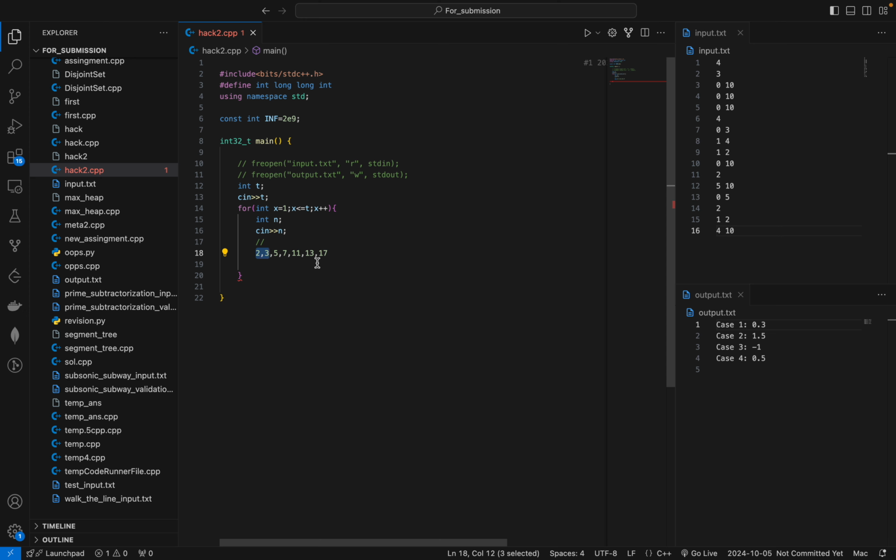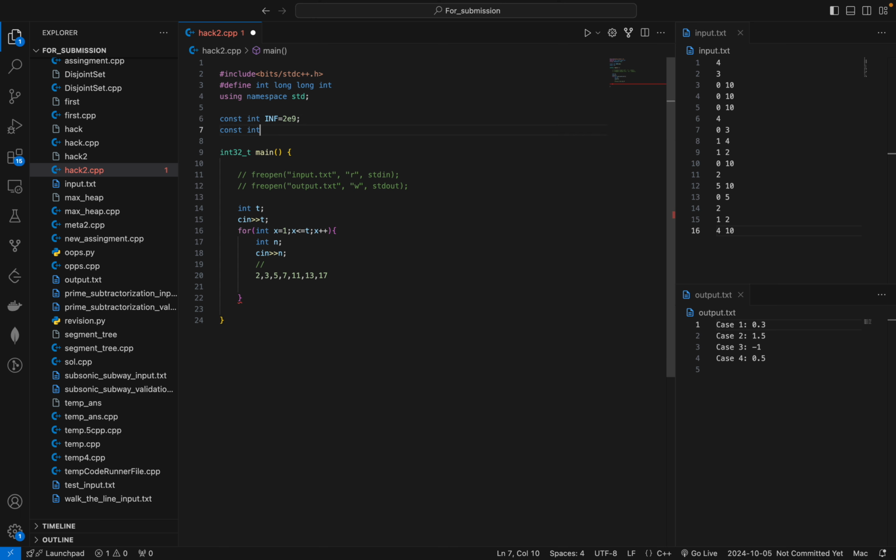For example, for a given n, we find the last prime number which is less than or equal to n. Okay, so the first thing we notice is that we need all the prime numbers. So how can we generate prime numbers?